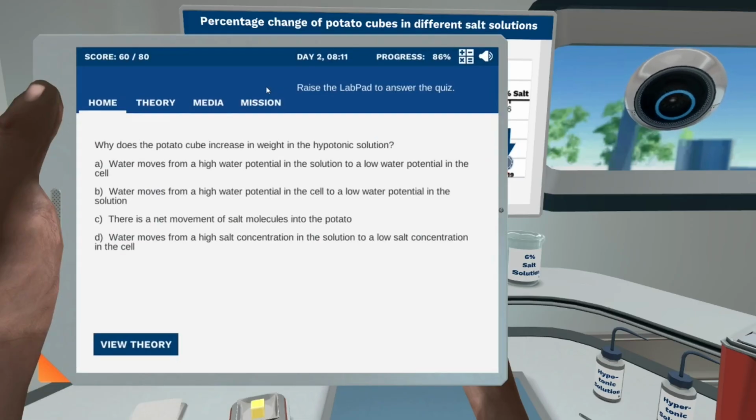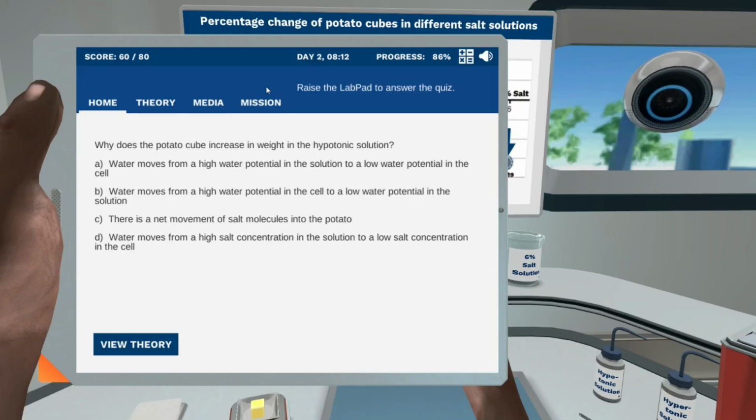Why does the potato cube increase in weight in the hypotonic solution? A. Water moves from a high water potential in the solution to a low water potential in the cell. B. Water moves from a high water potential in the cell to a low water potential in the solution. C. There is a net movement of salt molecules into the potato.